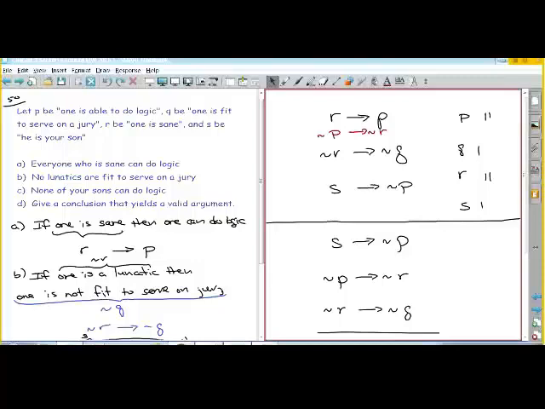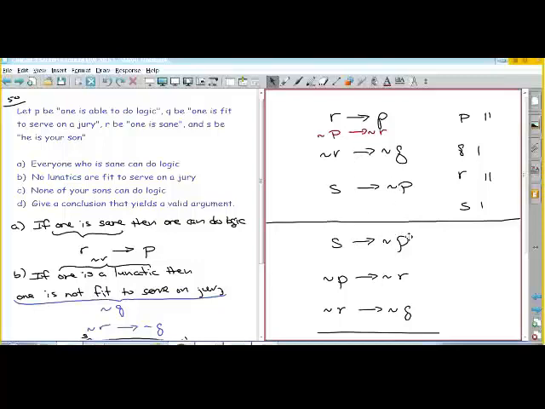There's two options. We could use this as the first statement, or we could use this one, but take the contrapositive of it. I might show you how to do that, just show you the other options. So there's two arguments you can come out of this with. One is going from here to here, and the other one's going the other direction.